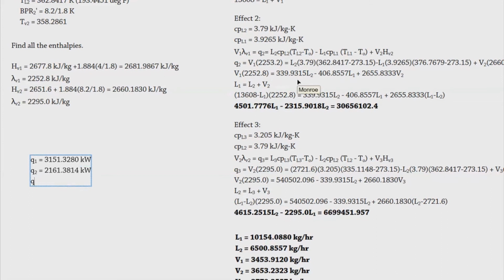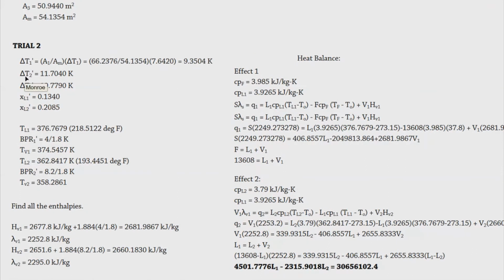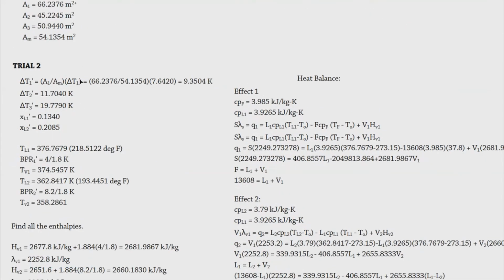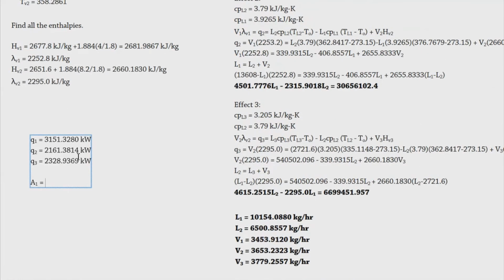And then for Q3, we have 2,328.9360 kilowatts. Now, the next would be the area. So you just employ the same concept, and you will be using the new area, not the original. So we have this area 1 apostrophe. So you'll be using that 9.3, 11.7, and 19.7 respectively. So you'll be able to obtain a value of.